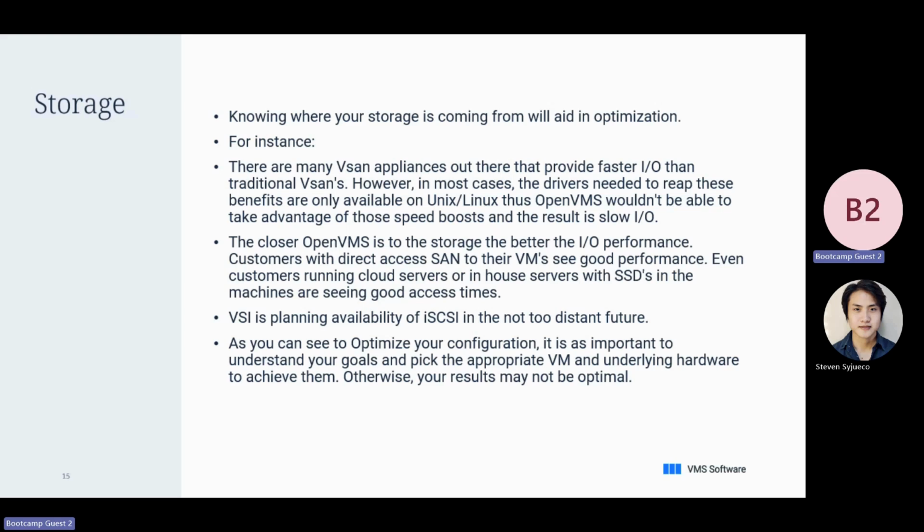Right. Planning, and iSCSI availability is coming soon as well. So I know a lot of people are happy about that because that allows us to have fairly reasonable storage and still use things like vMotion and those tools. Very, very happy about that. And then, as you can see, to optimize your configuration, it's important to understand what each option brings to the picture for VMS, and choose the optimal one for what your needs are.